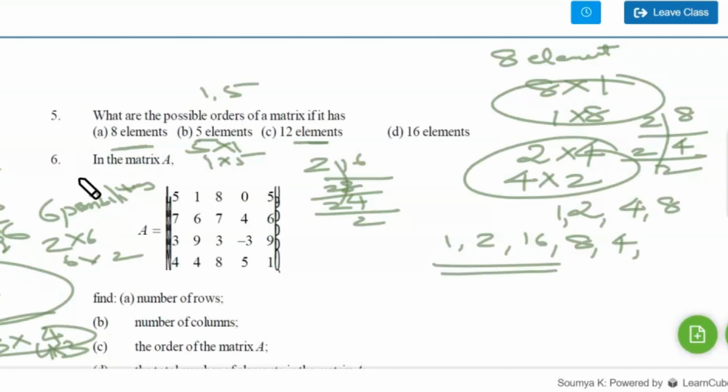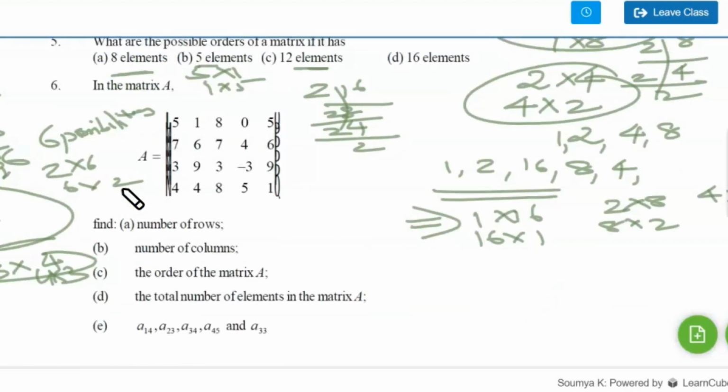Now what you have to do is write down the possibilities. That is 1 by 16, 16 by 1. This is one possibility. Next one is 2 into 8, 8 into 2. It is another. Then comes 4 4s are 16. No need to write it twice. So these are the possible orders that you are going to get for the matrix.